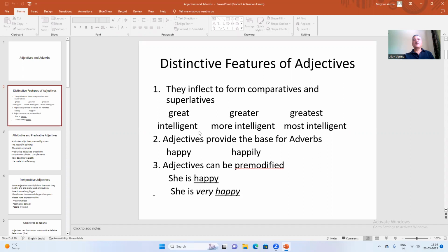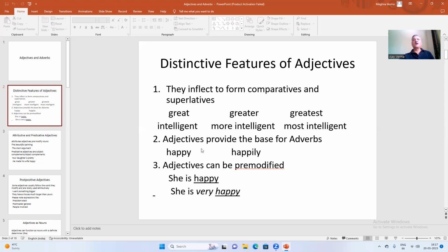So intelligent cannot be inflected with er or est. In such cases, comparative can be formed with the help of more intelligent, and superlative can be formed with the help of most intelligent. So this is the first distinctive feature of adjectives, that they inflect to form comparatives and superlatives. In case they are long, and inflection is not possible, then we can add more or most, in order to obtain comparative and superlative forms.